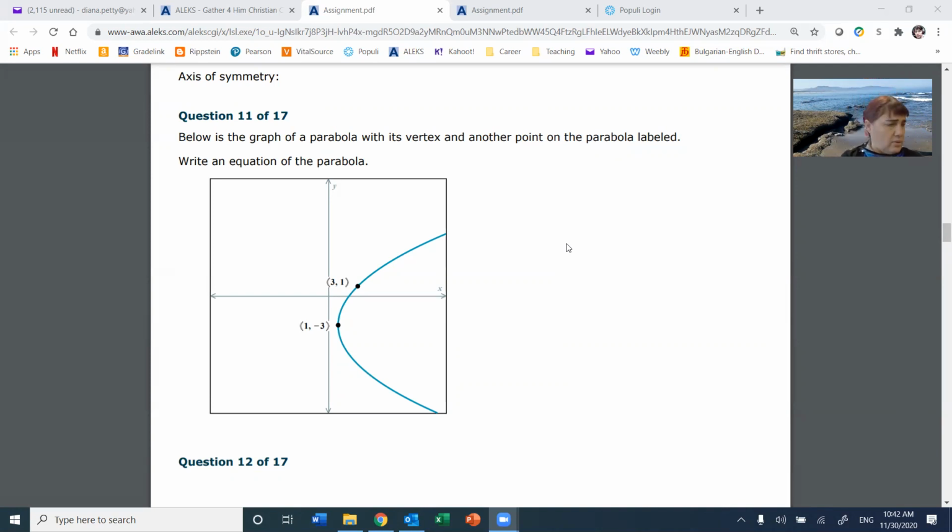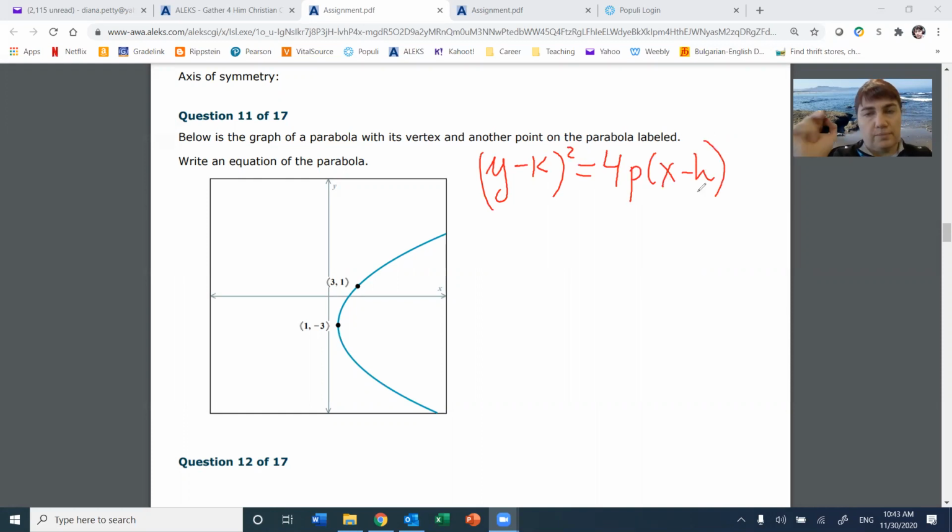Okay, so let's think about the equation of the parabola. First, let's see what form this equation would have. It's not at the center anymore, right? So the equation of a parabola facing to the left or to the right, you need to write the general equation: (y minus k) squared equals 4p times (x minus h).